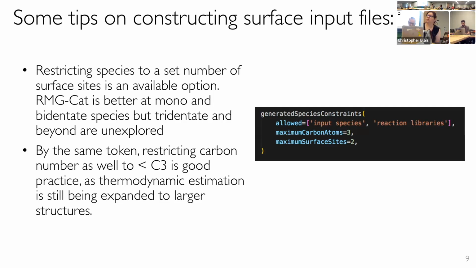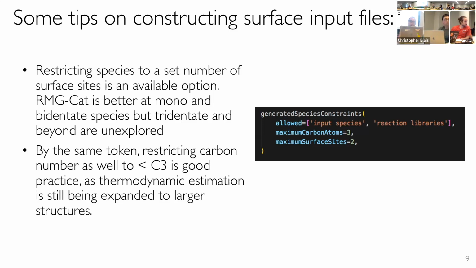So I think, from our own little group knowledge, if you specify 2 surface sites, that'll keep your problem tractable, and also specify fewer than 3 carbon atoms, because given what we've calculated in our thermodynamics database, we don't have great estimation for larger molecules.